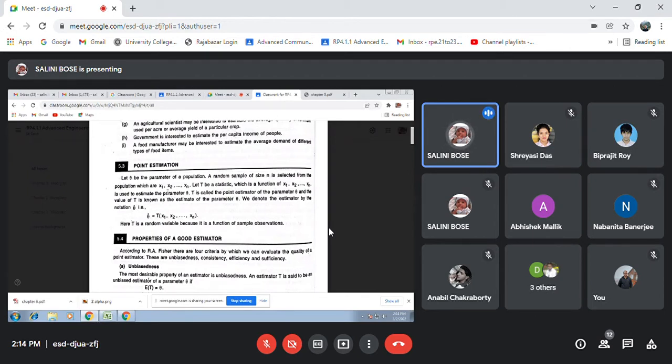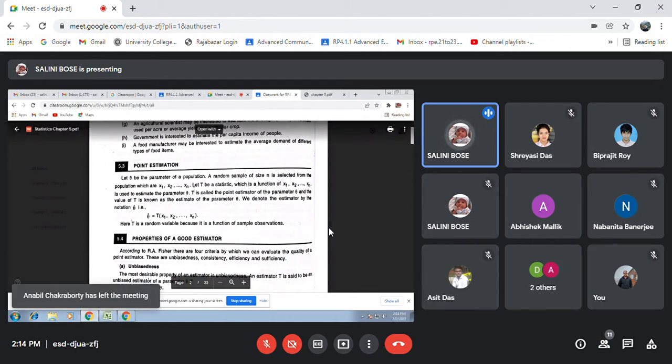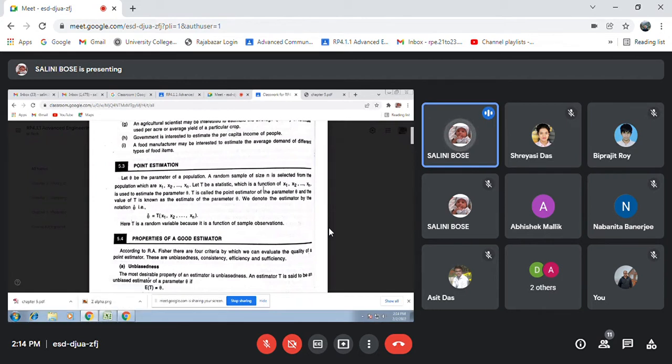Theta is the unknown population parameter. If a random sample of size n, x1, x2, ..., xn, is drawn, then we can say theta is estimated as a function of the sample. If T is the point estimator of parameter theta, then, without knowing the population parameter, the value of T is known as the estimate of parameter theta.